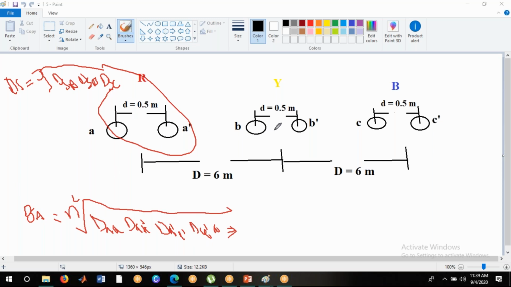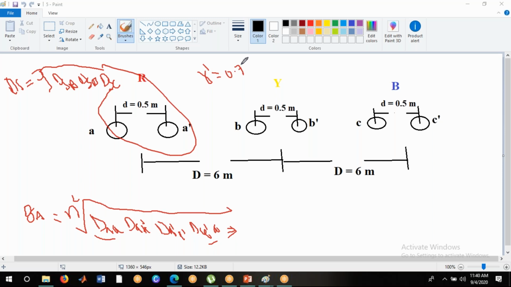Similarly, DSB will be n square root of DBB, DBB dash, DB dash B dash and DB dash B. So the same thing you got here, you will get the same thing. Now DAA and DA dash A dash both are self distances, that is the GMR value. You can write R dash.